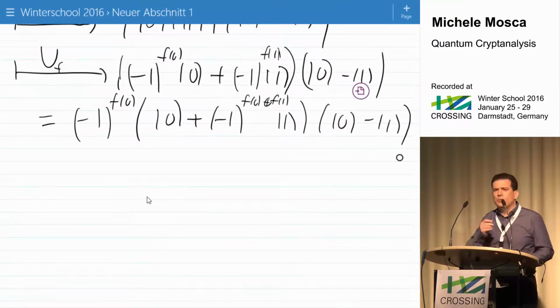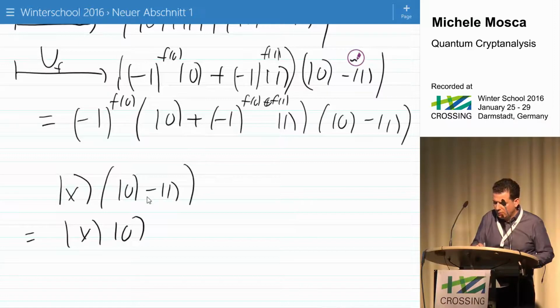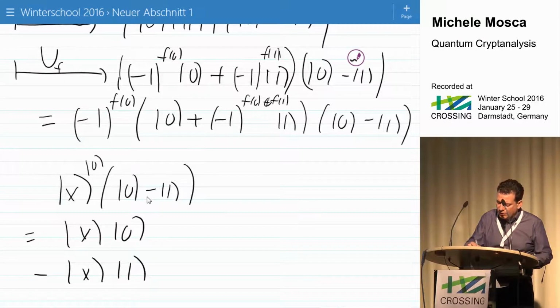Well, let's see if the 0 minus 1 trick works in that case, okay? Let's just say we have the bit x here, 0 minus 1, right, again, that just equals x 0 minus x 1. That's just the expansion of this. And we're going to have an extra bit in here, that's workspace, okay?